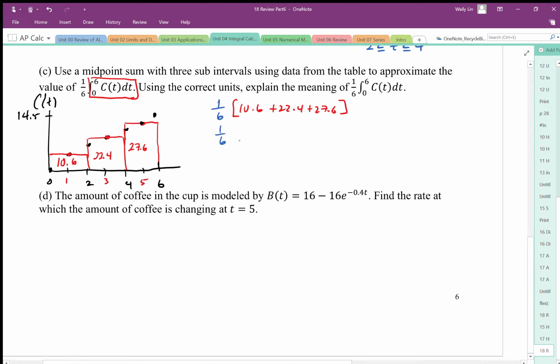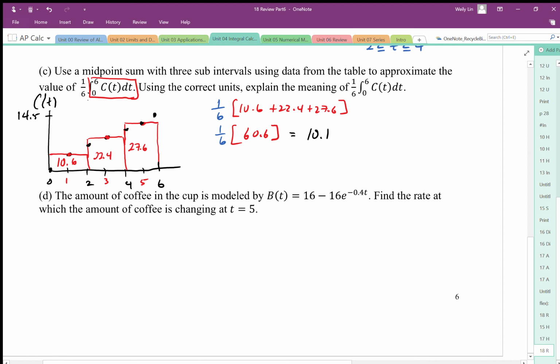Putting this into my calculator gives me a total area of 60.6. The units are actually ounces times time, but I'm going to divide by 6 minutes of time here, and when I do that, I end up with 10.1.